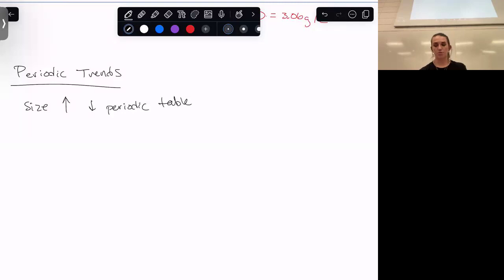What happens as you go across? You're going from metal all the way across to non-metal. It gets smaller. Size goes down as you go left to right across the periodic table.